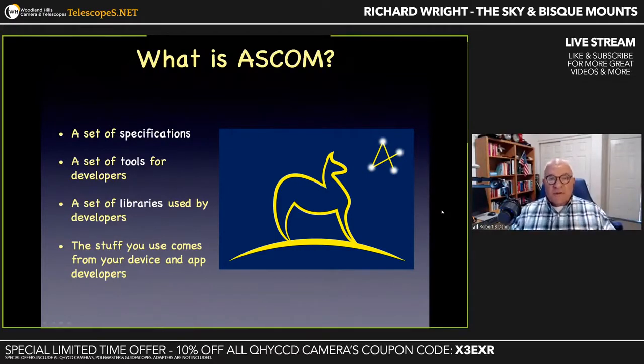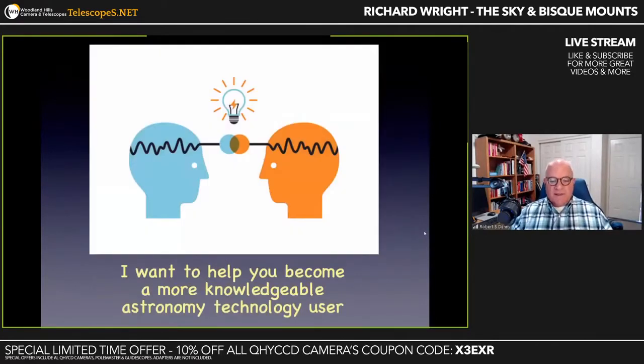The things that you see come from your application developers and your device developers. What you use is software that comes from your mount makers, your focuser makers, your planetarium makers. Those are the people with whose software you interact. ASCOM is just plumbing, basically. My purpose today is to help you become more knowledgeable, to understand how it works so that you can see how it fits into the big picture.